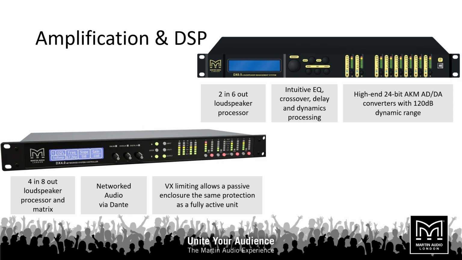It has all the benefits of a DSP that you would associate with a premium tool quality unit, but also benefits from our VX limiting, which effectively models a passive crossover and allows us to limit the LF and the HF units of a device, even if there's a passive crossover network between them. So we can actually limit the LF separately to the HF in a single channel of DSP.